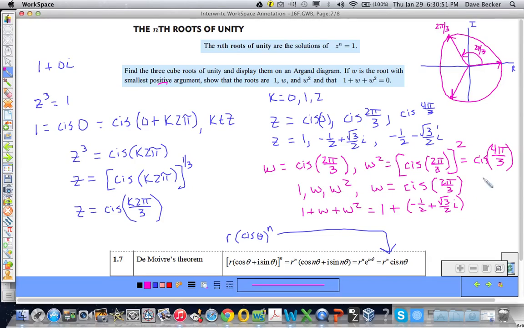And plus w squared, which is cis 4 pi over 3, which is negative 1/2 minus root 3 over 2i. Okay, so a negative 1/2 and a negative 1/2 and a positive 1, those all cancel out, so that is equal to 0 as required.